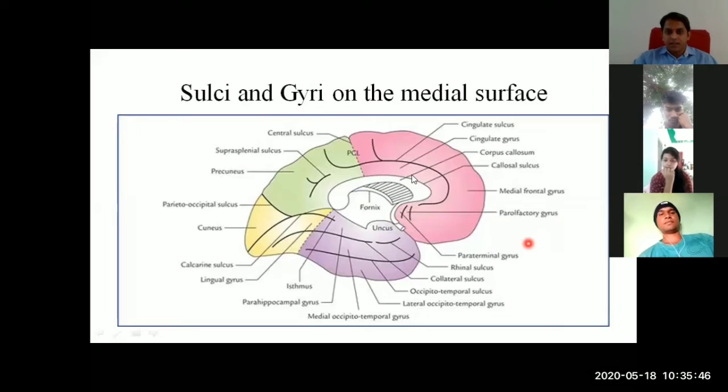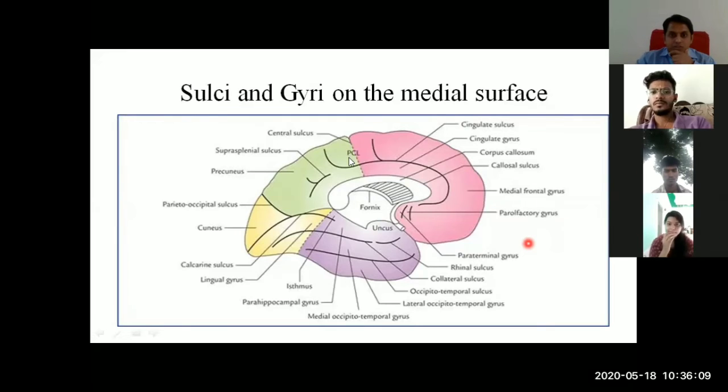The sulcus surrounding the corpus callosum is called the callosal sulcus. The cingulate sulcus gives two offshoots posteriorly, and it encloses one gyrus called the paracentral lobule. This paracentral lobule is concerned with defecation and micturition reflexes.